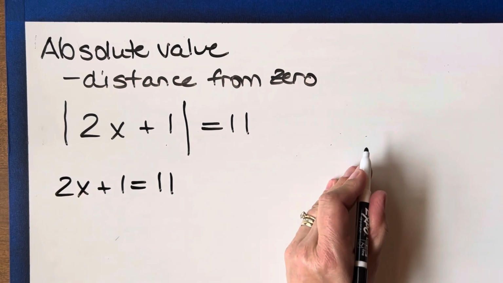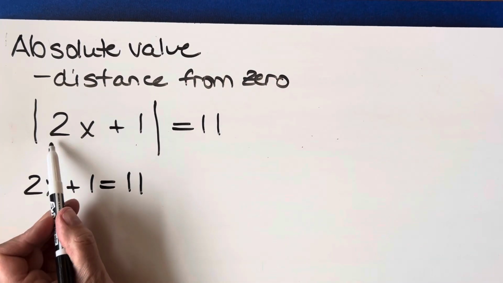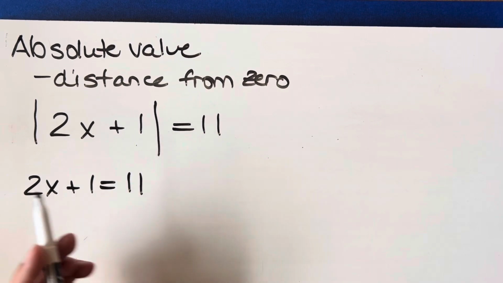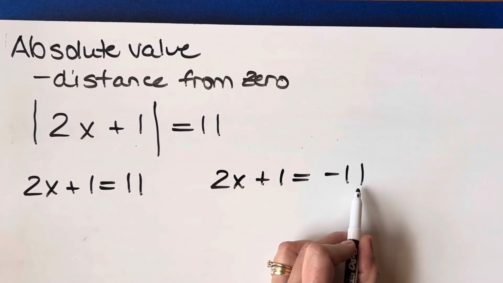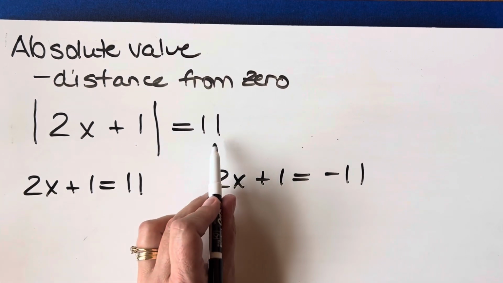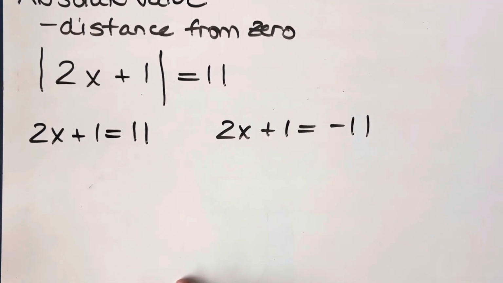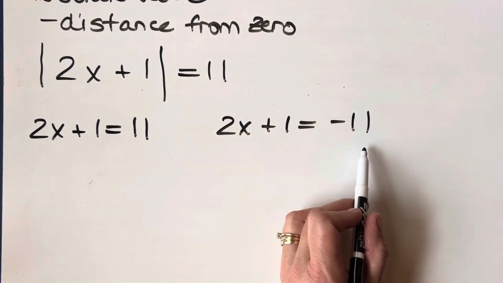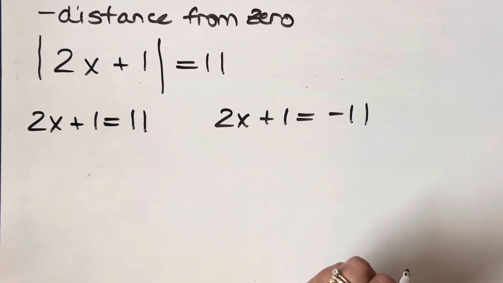I could have gone in the positive direction 11 spaces, but also this value 2x plus 1 might equal negative 11, because if there's a negative 11 in my absolute value bars, when I take the absolute value, it turns out to be positive 11. So when we're solving this type of problem, we have two equations to solve, and we will check them to verify that our answer works.